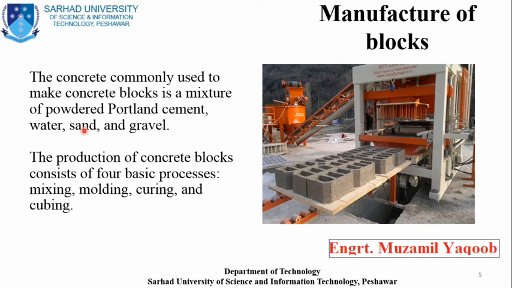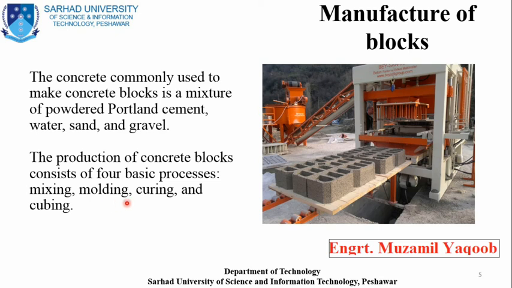If we talk about the basic process, the basic process of block manufacturing is divided into four categories. The first category is known as mixing, right? As the name suggests, in this process we mix different raw materials. The second stage is molding. We tend to use different sizes of molds.